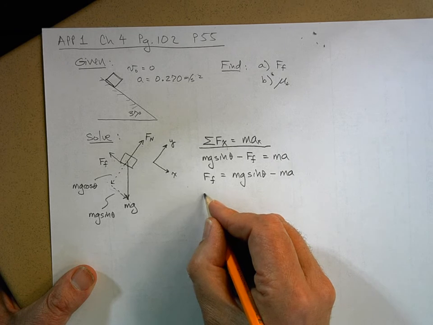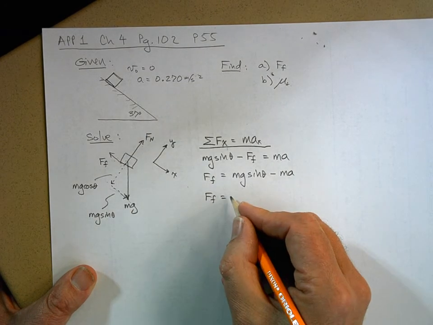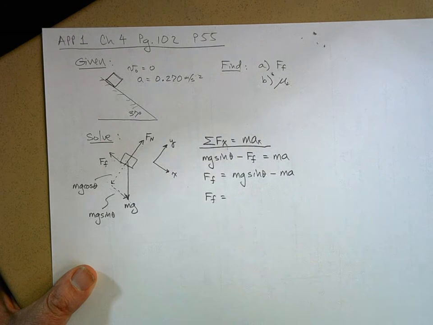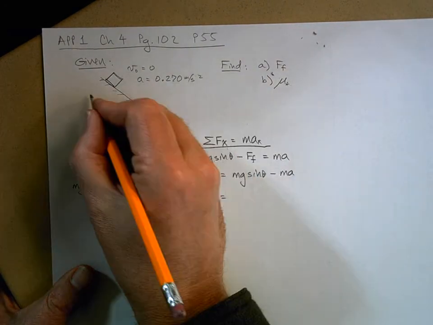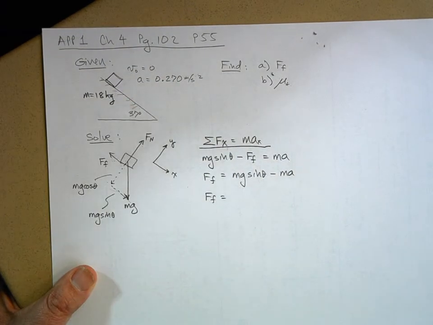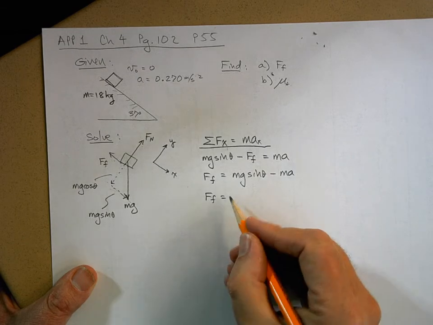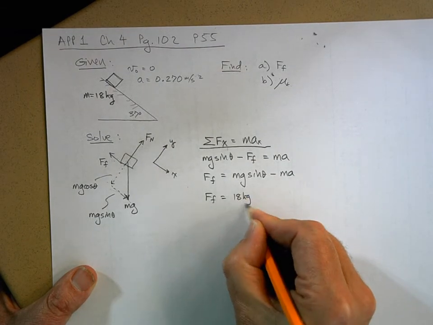Now I can plug in my values. Well, the mass, oh, did I put the mass on there? It's 18 kilograms. I didn't put it in the given. So, this is 18 kilograms.